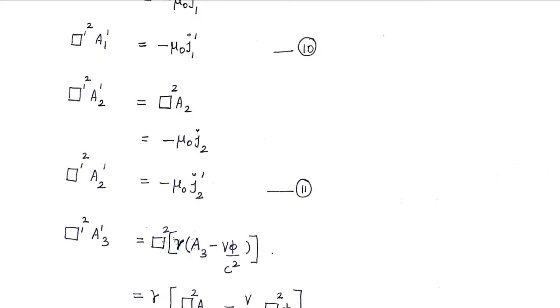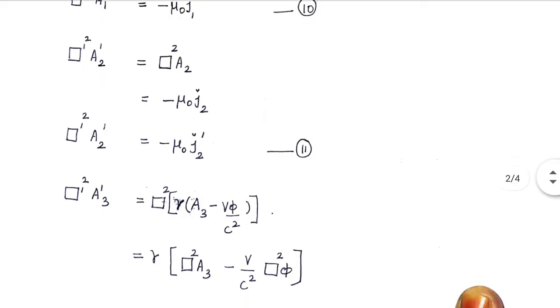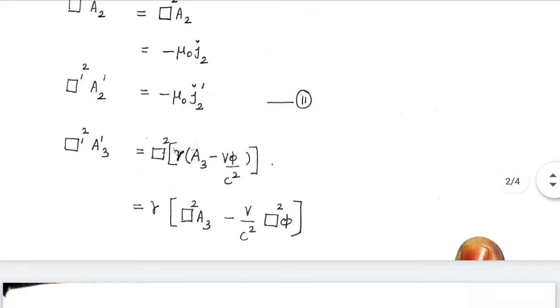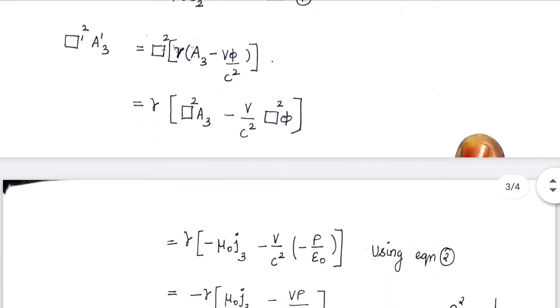Del prime square A3 prime: del prime square can be written as del square, and the transformation equation for A3 prime is gamma into A3 minus V phi by c square. So let us bring del square inside: it is gamma into del square A3 minus V by c square del square phi. We know del square A3 from the first Maxwell's equation, it is minus mu naught J3, so minus V by c square.